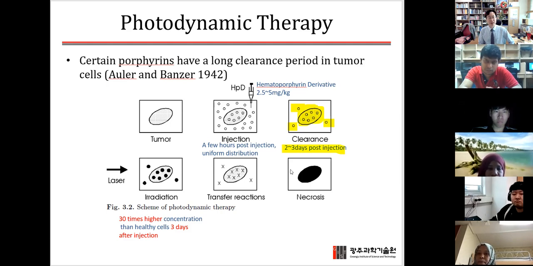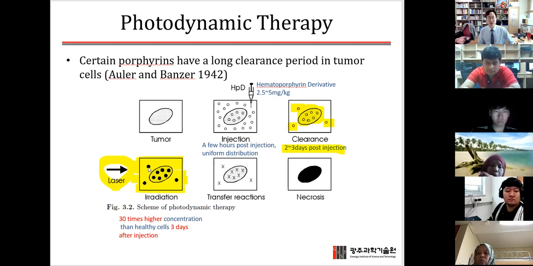So you can easily imagine that at this moment, if you illuminate a laser from the outside, the laser will go through the tissue and deliver energy to the photosensitizer, which are shown as these white dots.